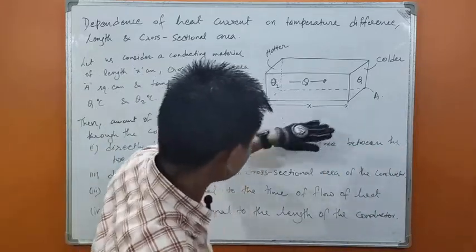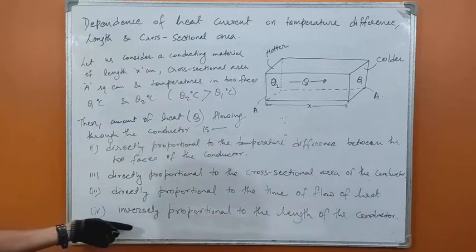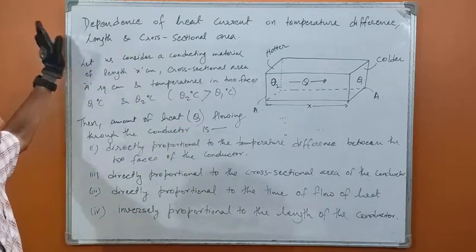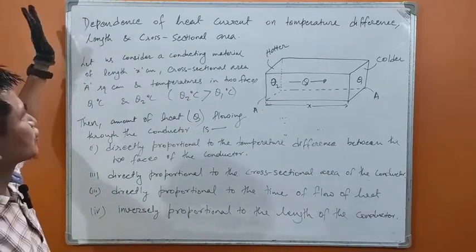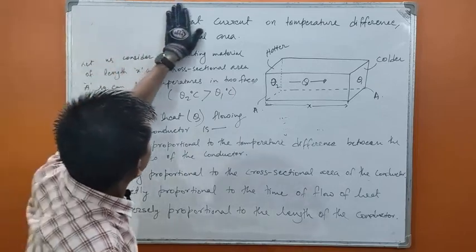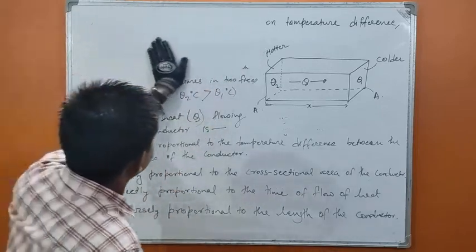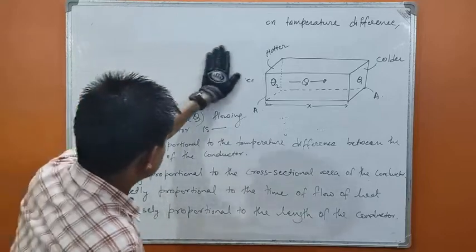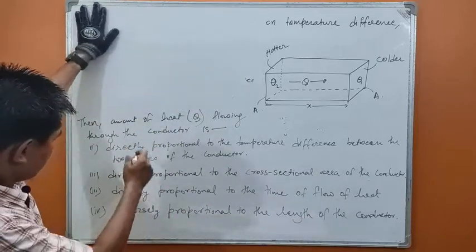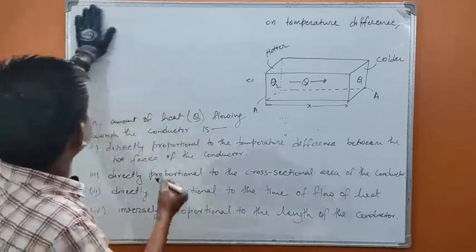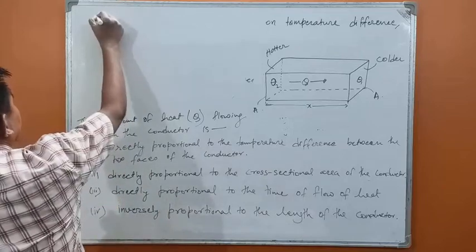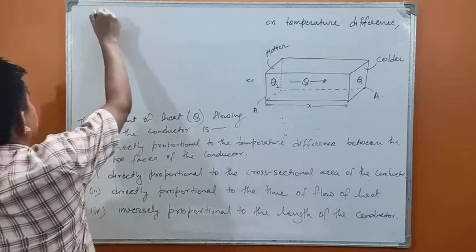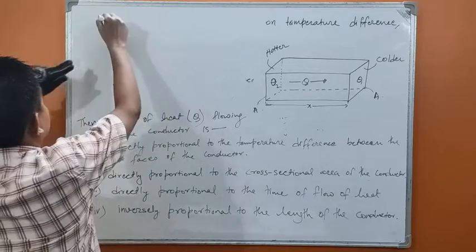Now let us deduce this. Let me erase the upper part. Please take the screenshot, I'm erasing it. Okay, and deduce the relation. So from these four points, we can write Q. You know, Q is the amount of heat flowing through a conductor.